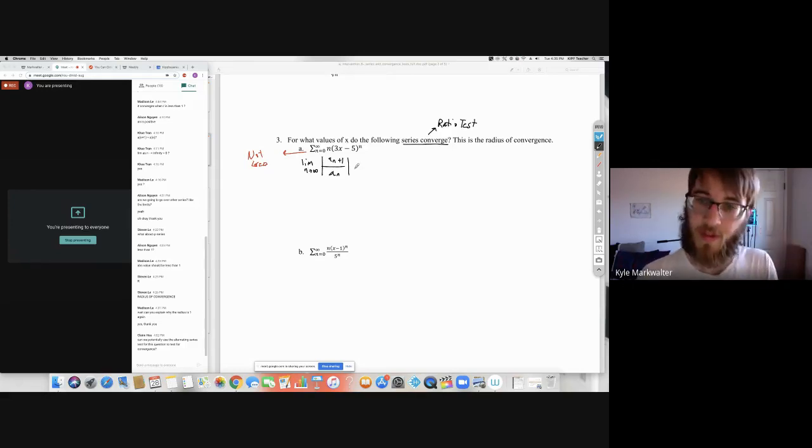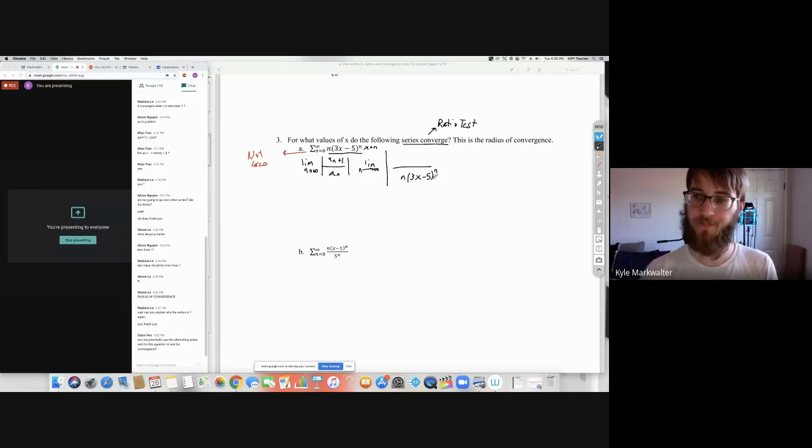So let's do that for this specific problem. The limit as n approaches infinity of the absolute value of, okay, so I look at my series. Remember this inside stuff here, that's a sub n. I can go ahead and put that in the denominator, n over (3x minus 5) to the n.